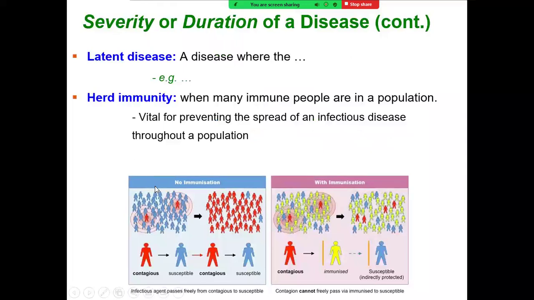So normally, when you first get a disease hitting a population, if there's no immunity in the disease, everyone is susceptible, and then almost everybody will come down with the disease. This is what they were worried COVID-19 would do when it first came into existence.